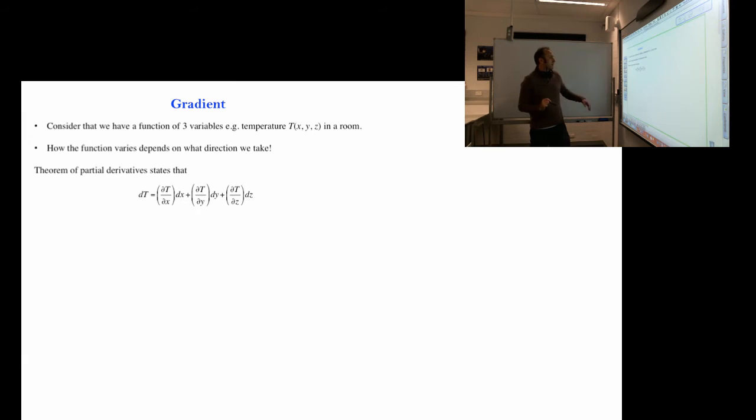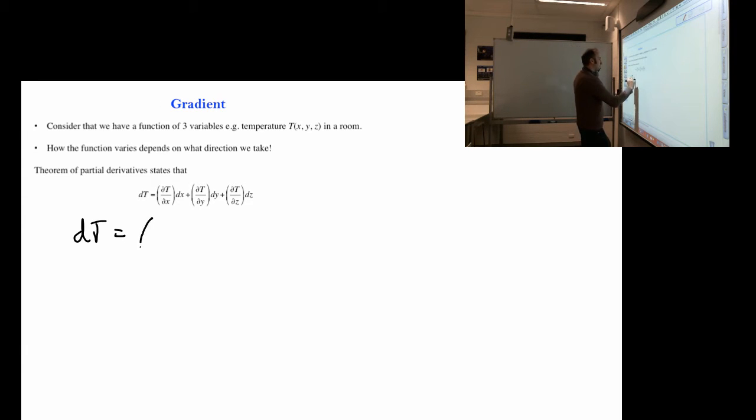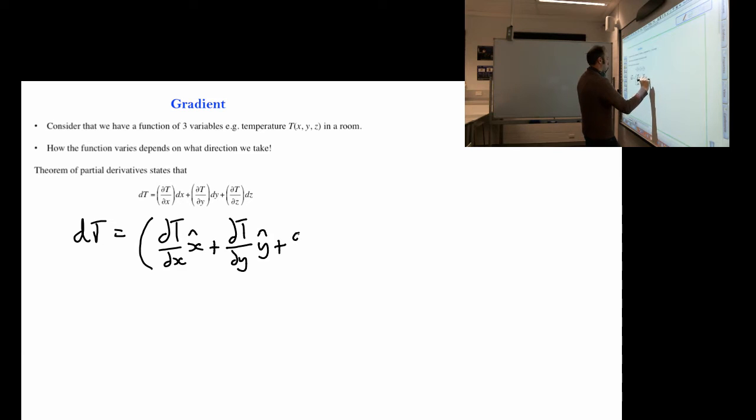Now this can in fact be written as a dot product, where dT is equal to the derivative of T with respect to x, x hat, plus the derivative of T with respect to y, y hat, plus the derivative of T with respect to z, z hat.